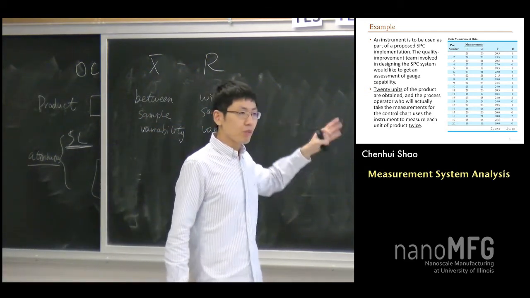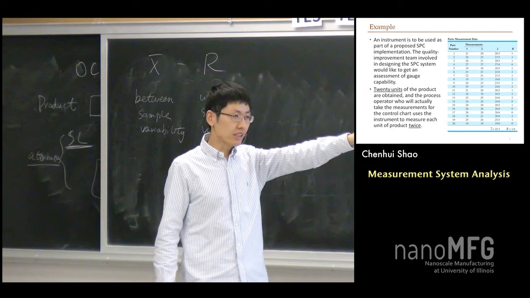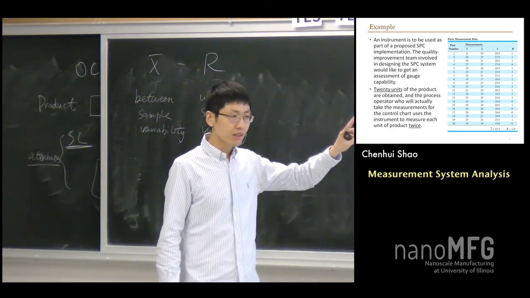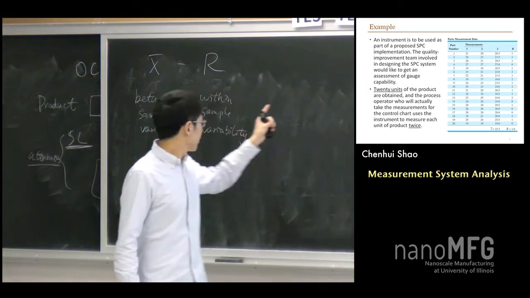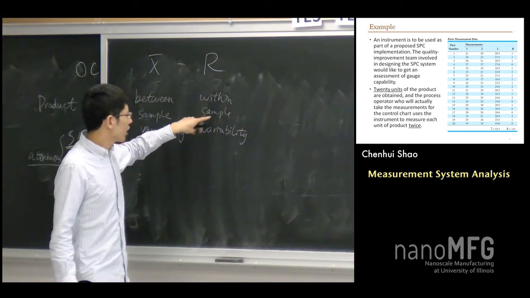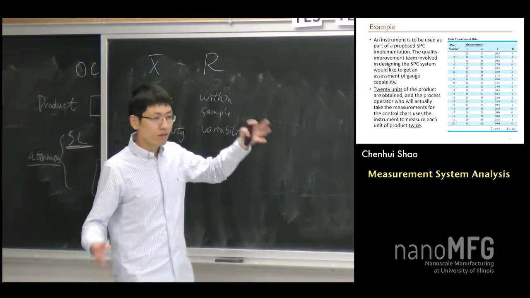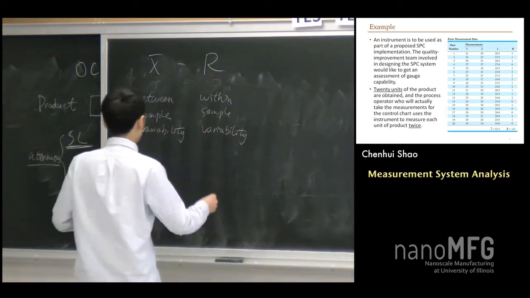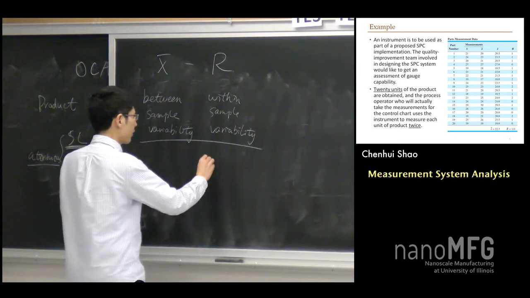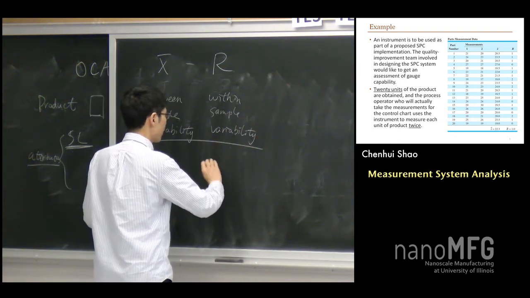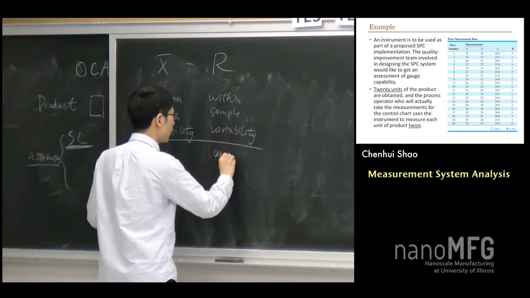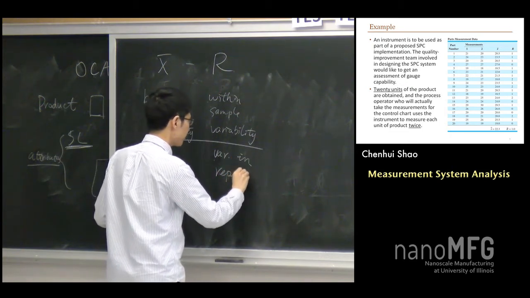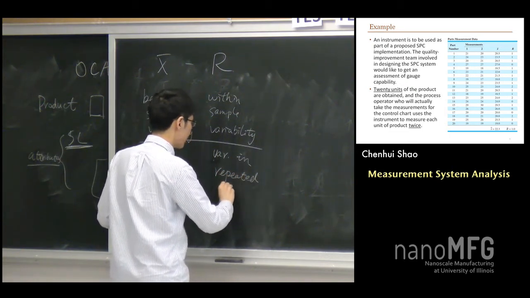So here, what concepts can we borrow from the X bar R chart for this example? For each part, we measure twice. So the R value is not within sample variability, but rather within part variability, right? So here we have variability in repeated measurements.